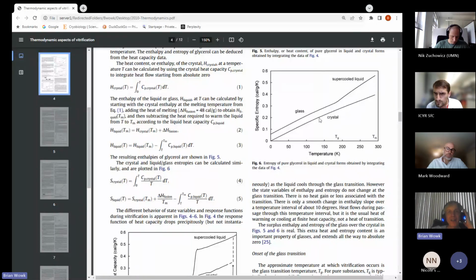So basically, the Kauzmann temperature is what you get if you took forever to let a glass relax. It would eventually be extrapolated to reach the same entropy as a crystal.